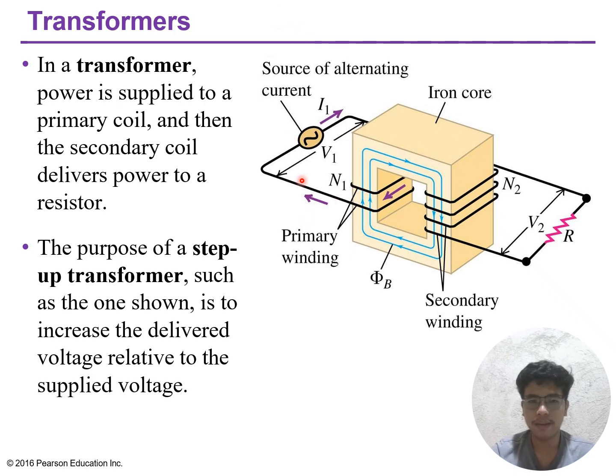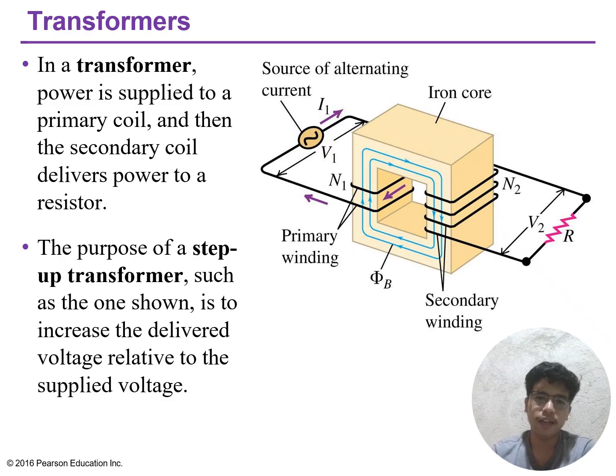V sub 1 times I sub 1 approximately equals V sub 2 times I sub 2. The iron core maximizes magnetic coupling between primary and secondary windings, ensuring nearly all flux from the primary links with the secondary for efficient energy transfer.